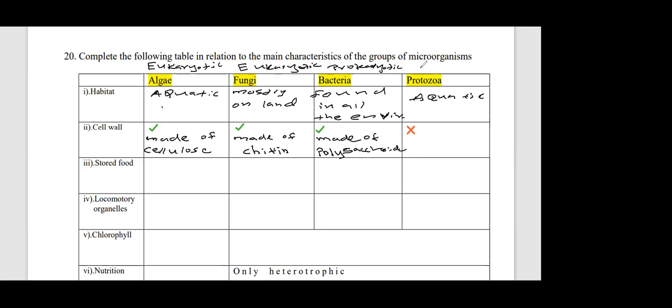Protozoa, eukaryotic. So out of all these, only bacteria are prokaryotic, all the others are eukaryotic. Therefore you should know this, and you should also know to which kingdom they belong, right?